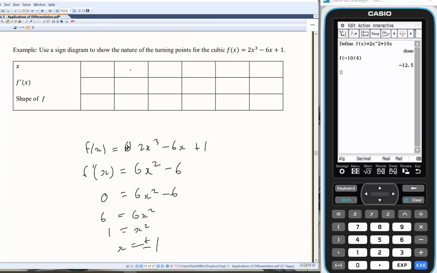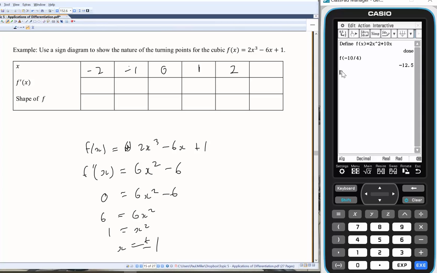Right, so what we do then for the sign diagram is we're going to put down negative 1 here and 1 here. Now what we do is we choose a point to the left of negative 1, i.e. negative 2, a point between, which is 0, and a point to the right of 1, let's say 2, 10, 15, 100, whatever you want. And we're going to work out what the gradient is at each point.